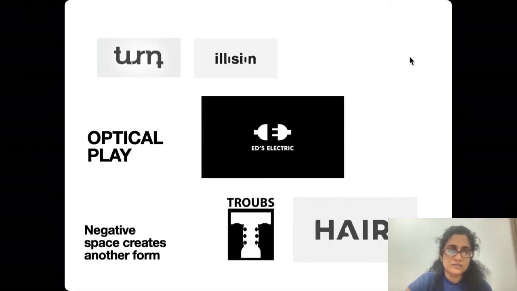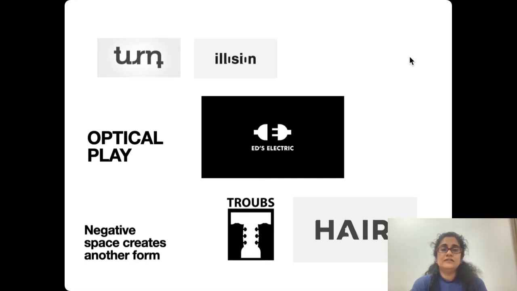Let's take a look at these logos. If you notice, once again in each of these, form and negative space have been used interchangeably. If you look at the first word, Turn, first it's a symmetrical logo. T and U are merged together and it is interchangeable, which is from the top or the bottom, it reads the same way.